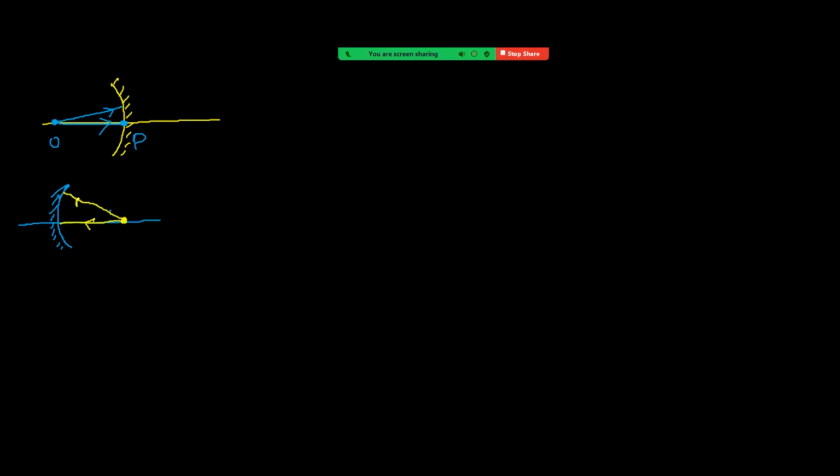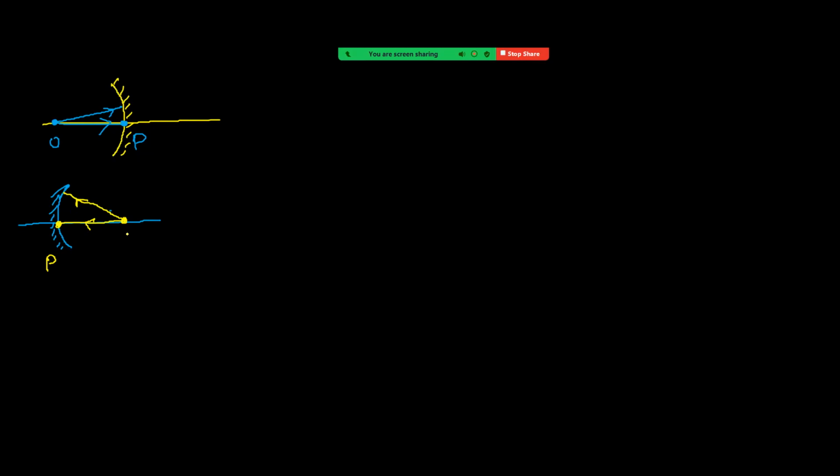That means left of the pole is the positive x-axis, and right of the pole is the negative x-axis. So understand carefully. In the first case, light rays travel to the right, that's why right of the pole is the positive x-axis and left of the pole is the negative x-axis. In this case, light rays travel towards the left side, therefore left of the pole is the positive x-axis, right of the pole is the negative x-axis.